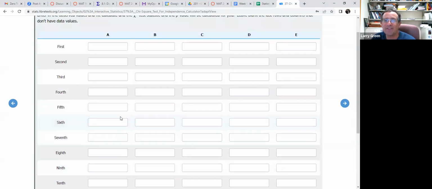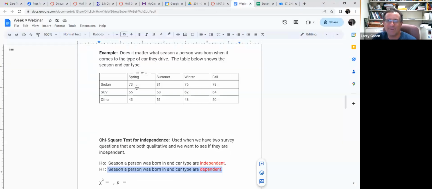By the way, if it's a bigger table than you need, just leave the other stuff blank. I also want to let you know that if you switch rows and columns, that doesn't change anything.